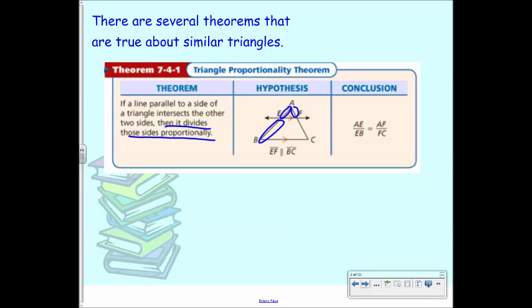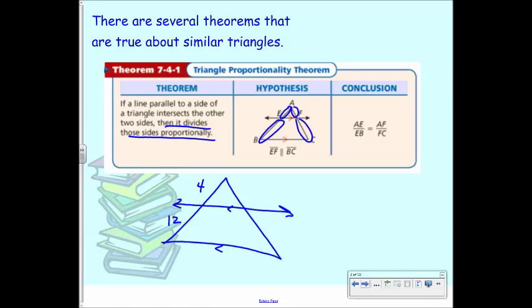So for example, if you know that this is proportional to this, and this is 4, and this is 12, then if this is 3, what would this be? 9. Why? Because if you multiply 4 by 3, you get 12, and if you multiply 3 by 3, you get 9. So it splits them proportionally.